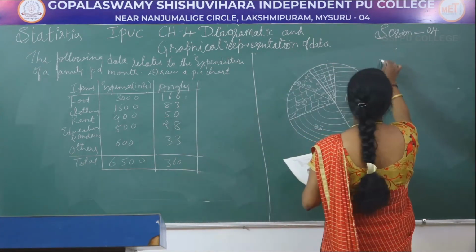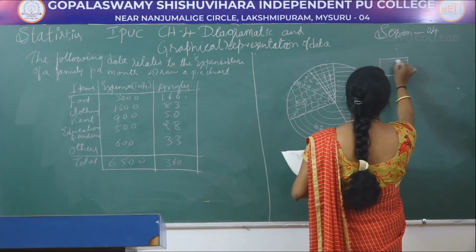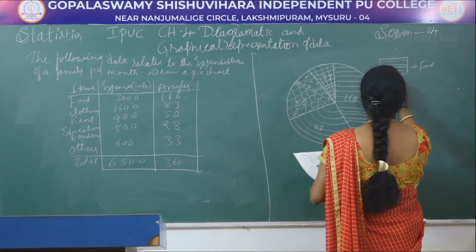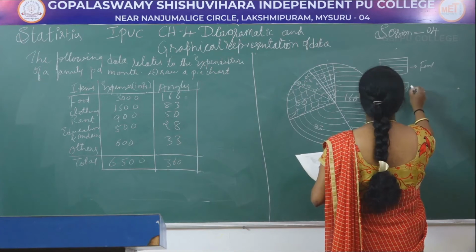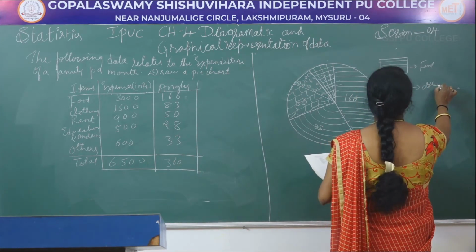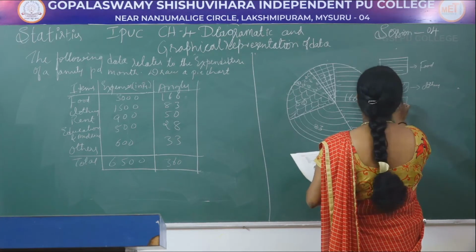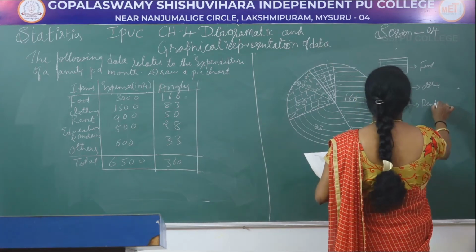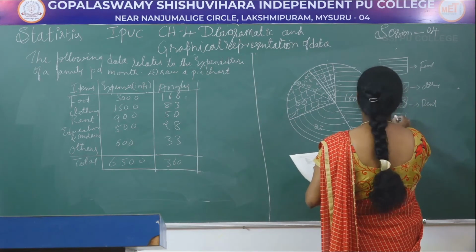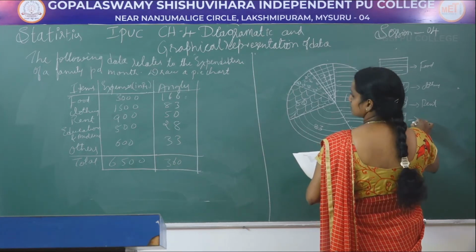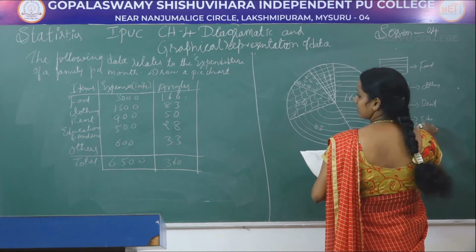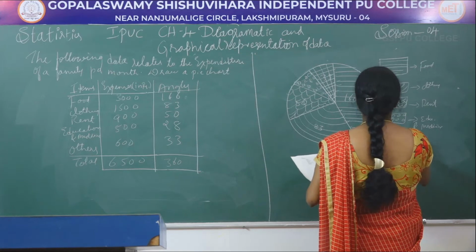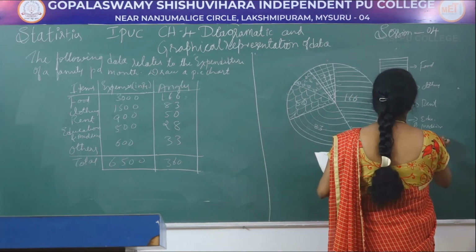So here I should write this in the index. The first one is food. Clothing. Rent. Education and medicine. And the last one is others.